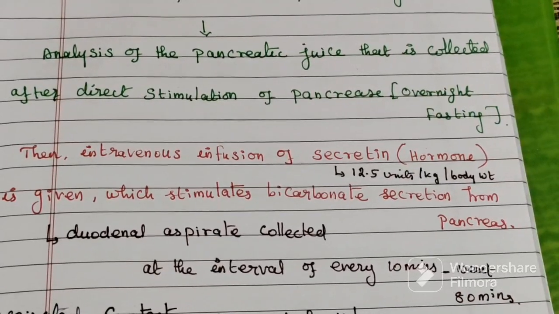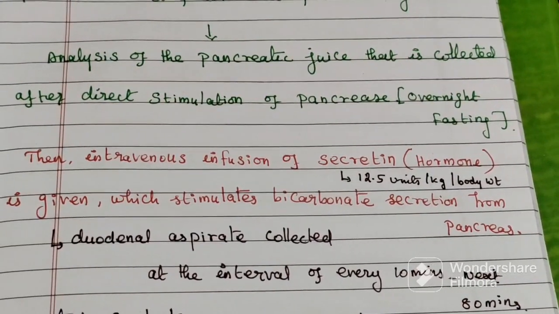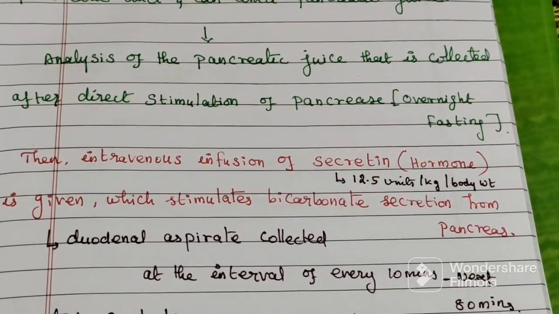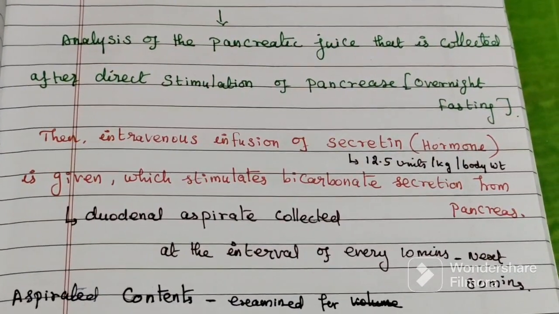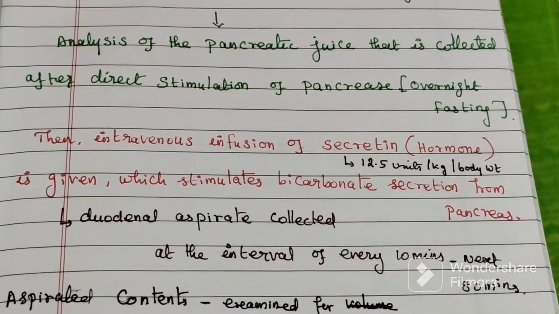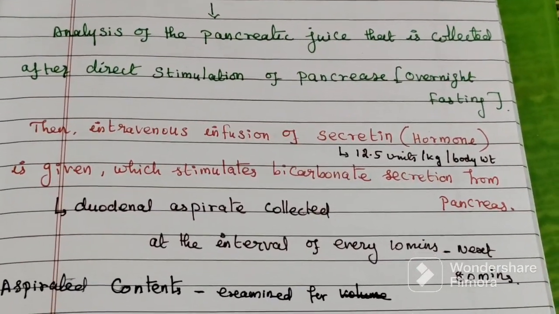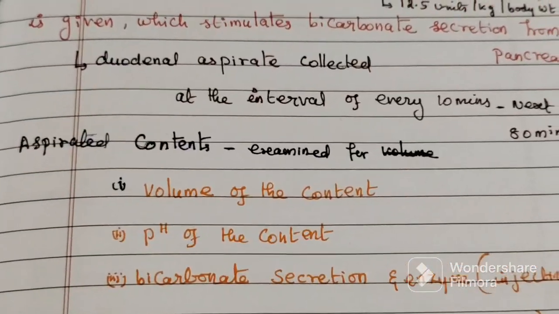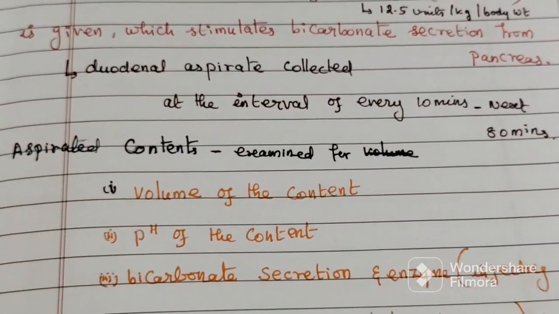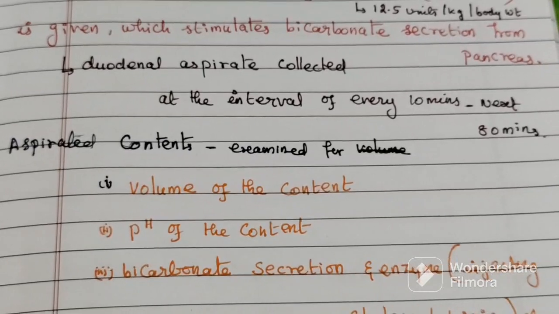The dose is 12.5 units per kg body weight, and after that the duodenal aspirate is again collected at intervals of every 10 minutes over the next 80 minutes.